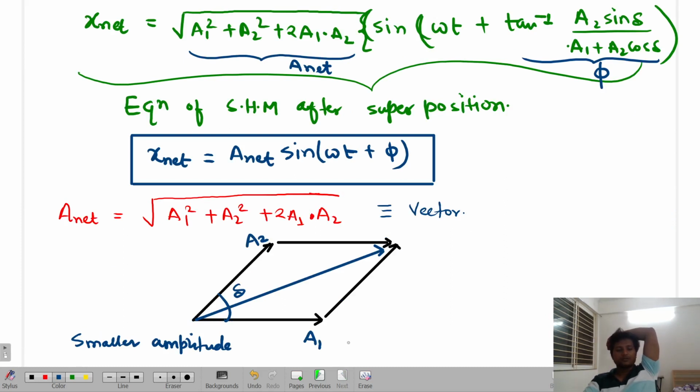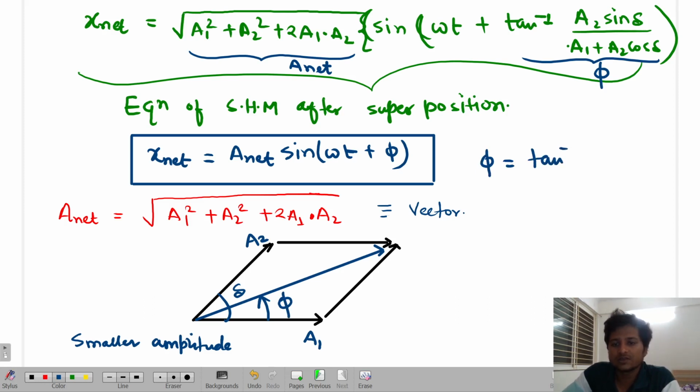क्या इसके बराबर है ये? Delta. So A1 dot A2 is A1 A2 cos delta. Are you able to get me or not? मेरी बातें समझ में आ रही हैं? And this resultant makes some angle with the initial amplitude, and basically that's what you have calculated. This is basically phi, and that phi which you have written over here is tan inverse of A2 sin delta over A1 plus A2 cos delta.